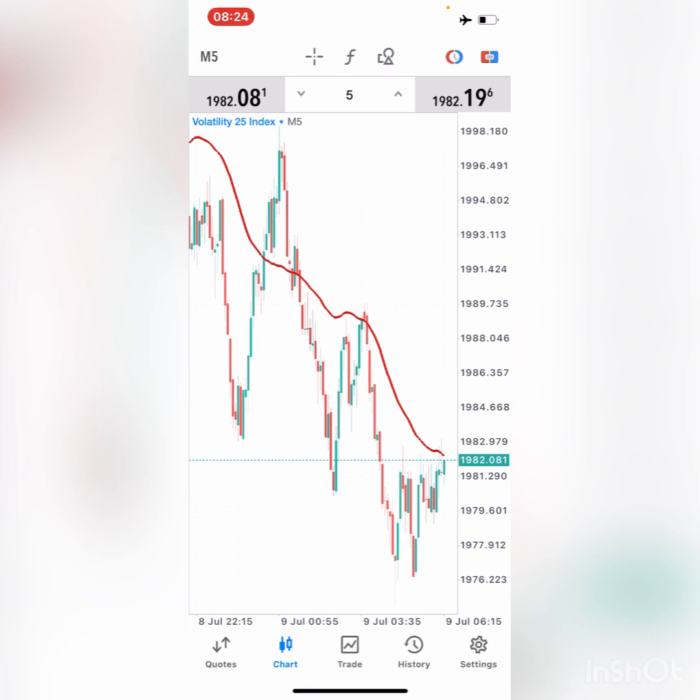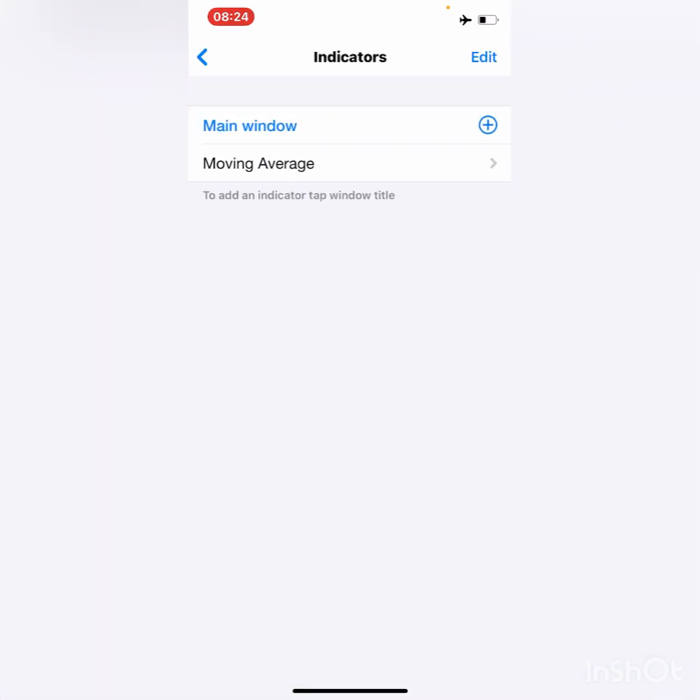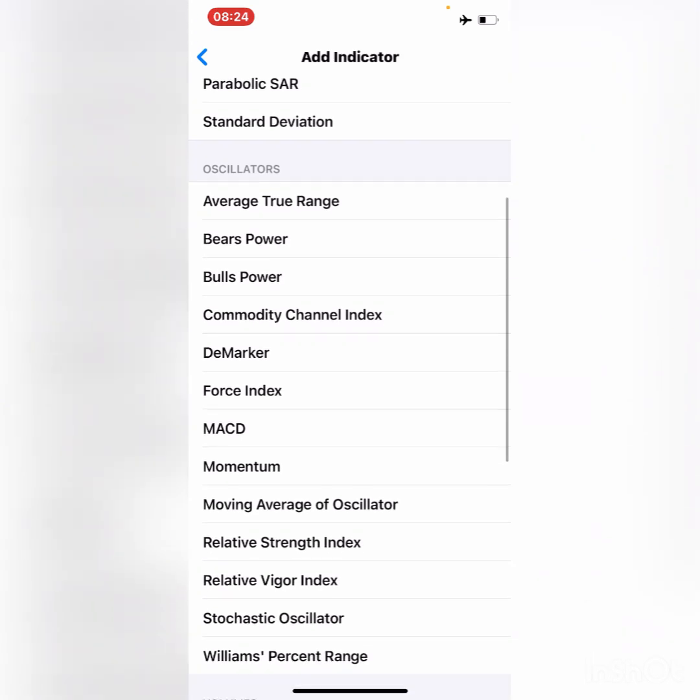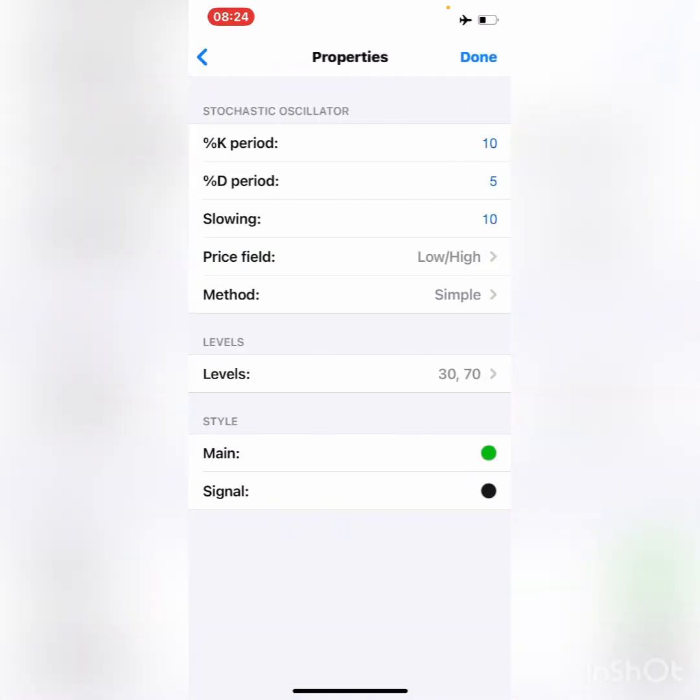The next indicator that we want to install is going to fall under our indicator window 1, and it's the stochastic oscillator, which is right here, right? And this stochastic oscillator will have the following properties: a percentage K period of 10, a percentage D period of 5, slowing of 10, price field of low/high, method simple, right?